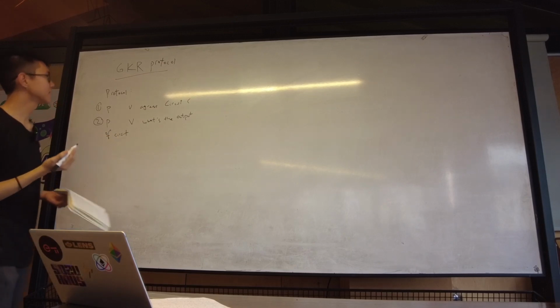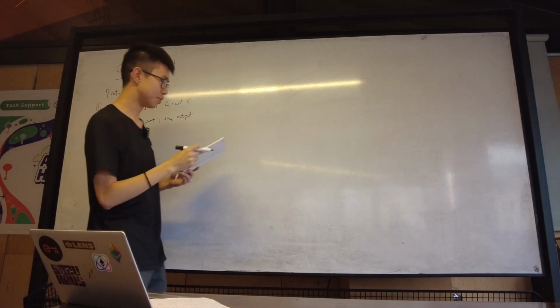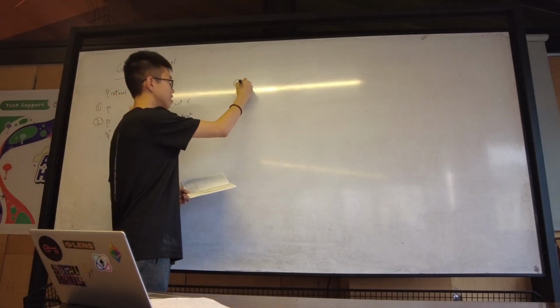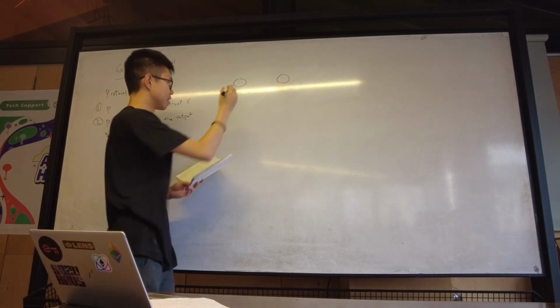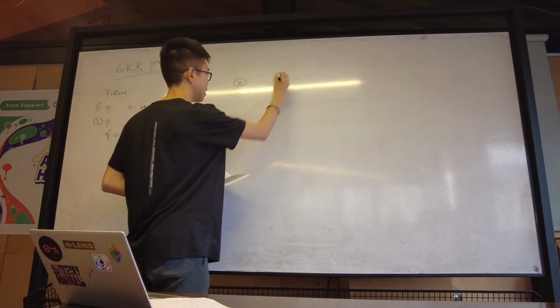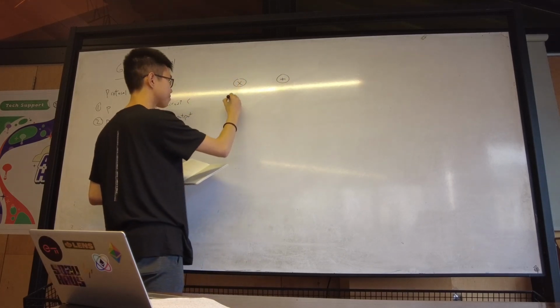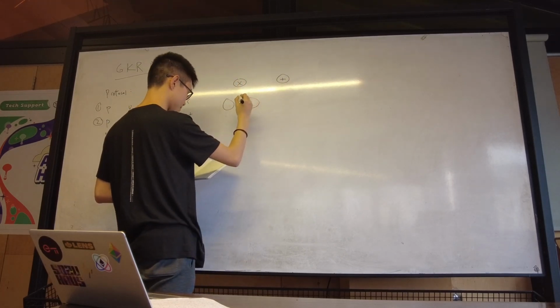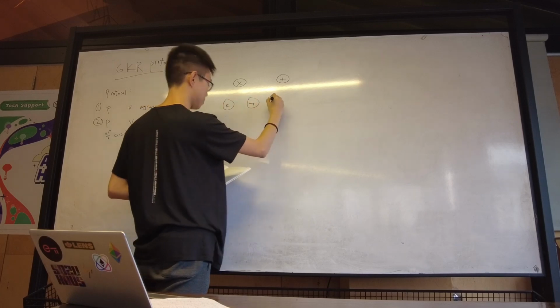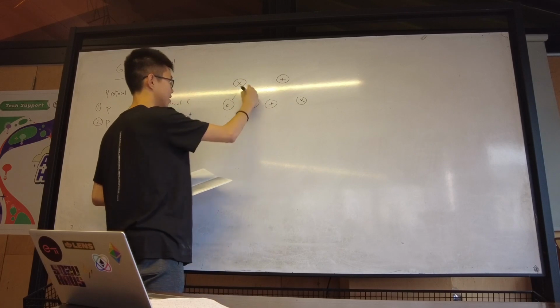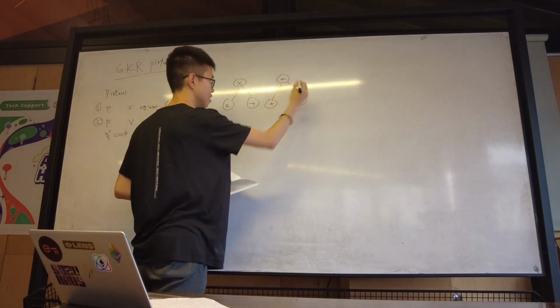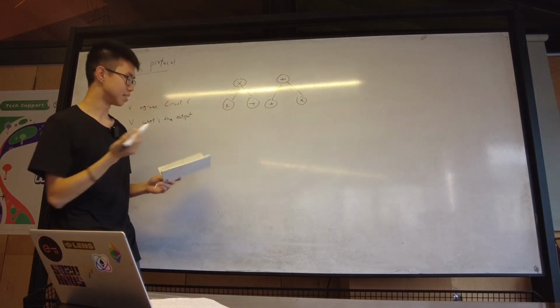Maybe an easier example is, say you have a circuit of gates. Let's go through an example. So these are the gates in the circuit, right?